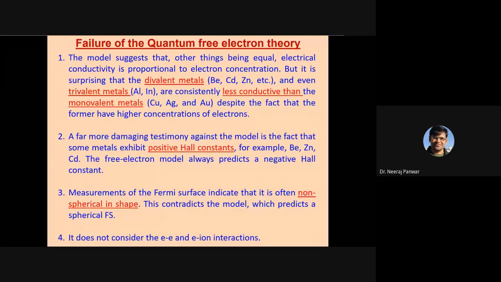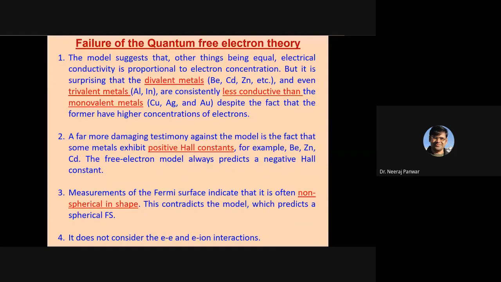Former means these. So as per electron theory, for example, aluminum is contributing 3 electrons to the electron gas, so it should be more conducting than copper.